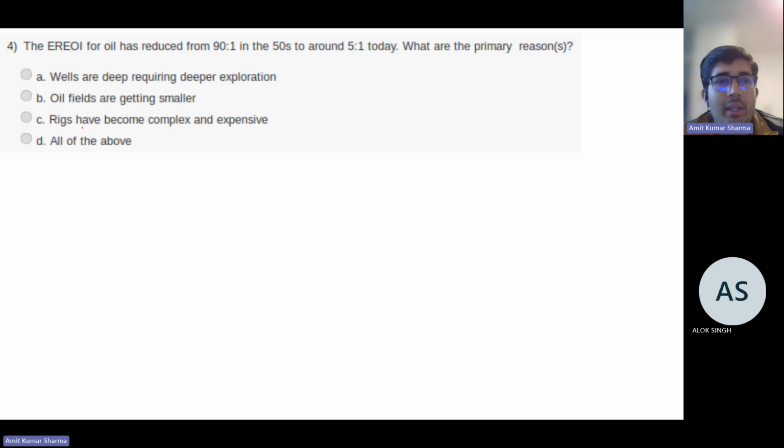Wells are deep, requiring deeper exploration. Oil fields are also getting smaller, and rigs have become complex and expensive due to deeper exploration. We need more drilling, everything requires more. That's why the cost is going up and the EROEI is coming down. So the correct option will be all of the above.